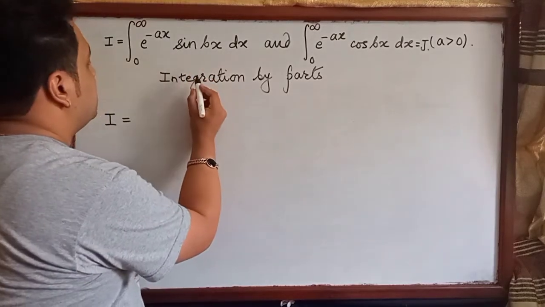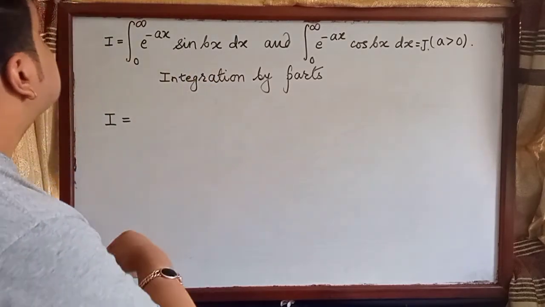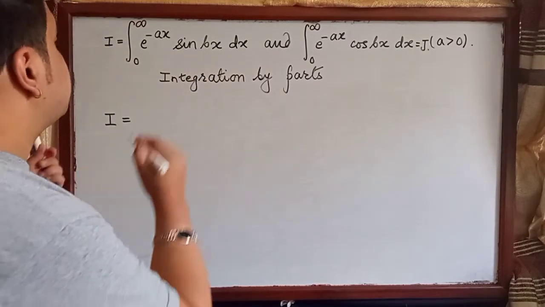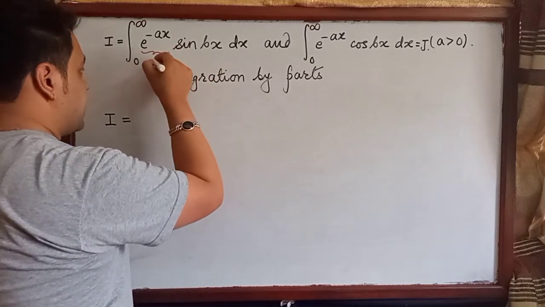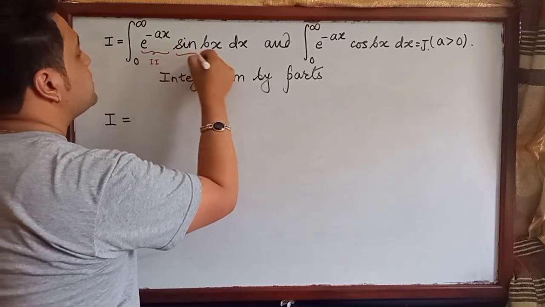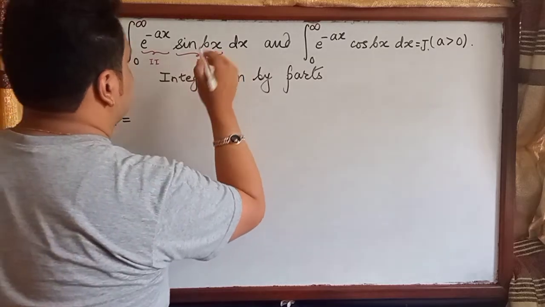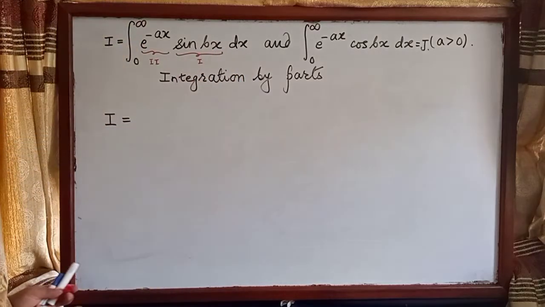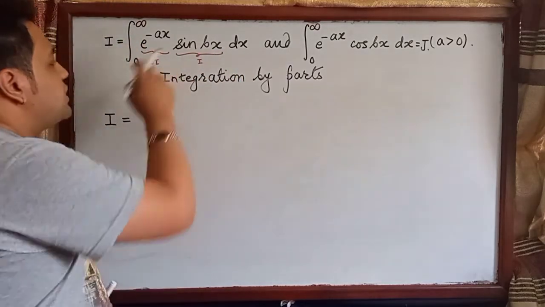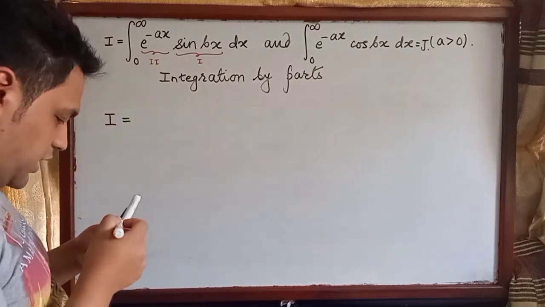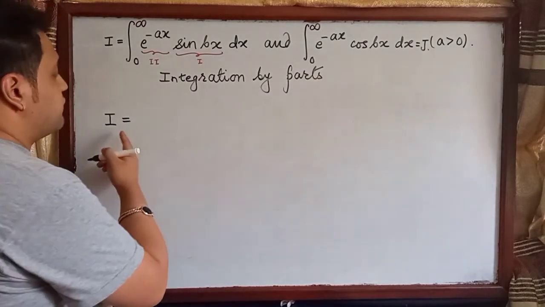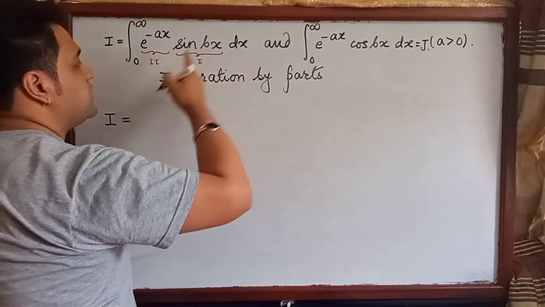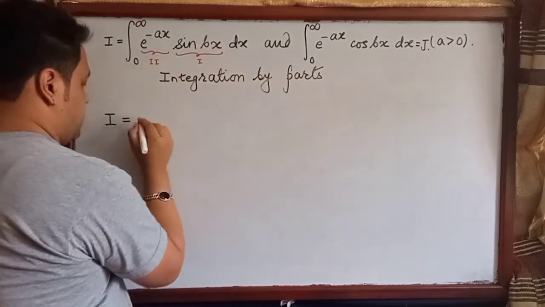Let's take this function as the second function and this function as the first function. We'll differentiate the first function and integrate the second function in the formula. So using integration by parts, what do we get?